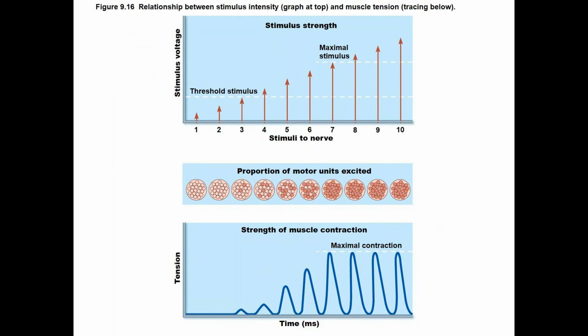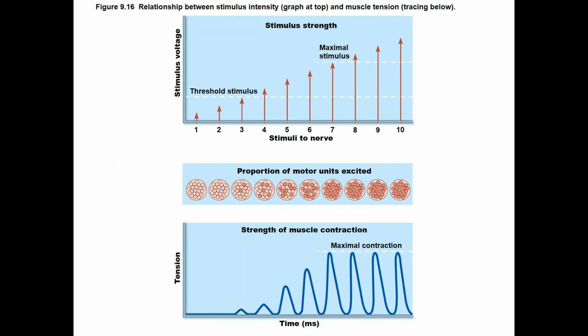We've got three different components here, but they're all connected in columns. So we have stimulus voltage, stimulus strength, basically. Each of these 10 columns here relates directly to the number of motor units being excited down here in the myogram that we see below.